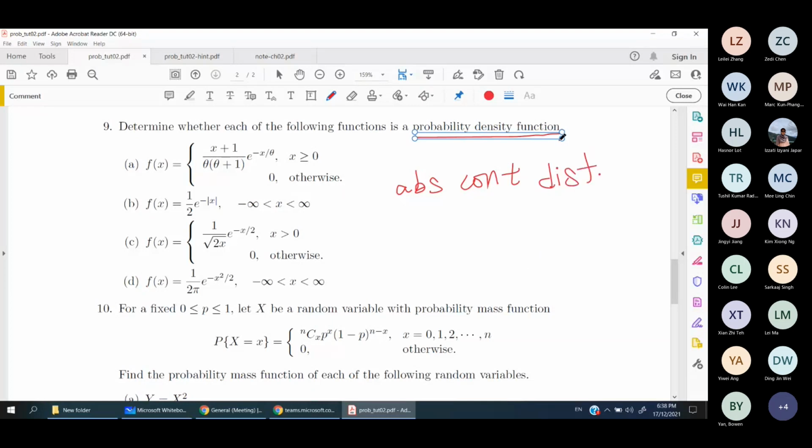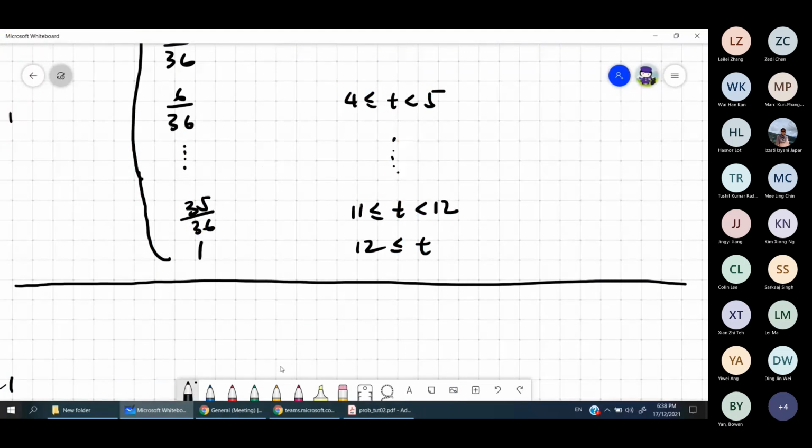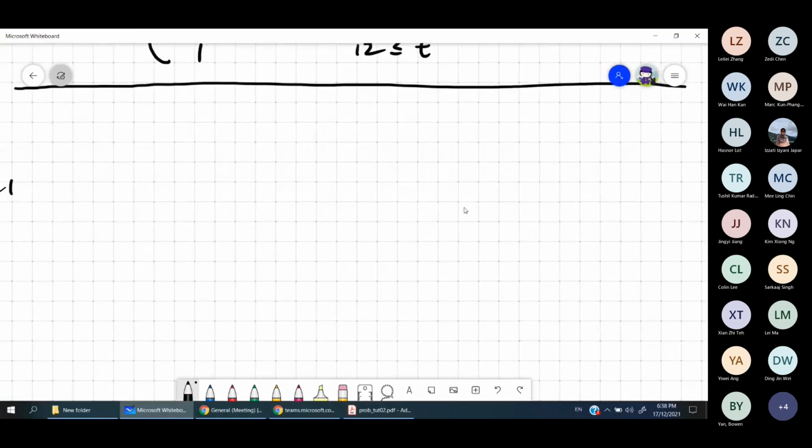Then we refer back to our criterion. Before we continue, look again at the notes.